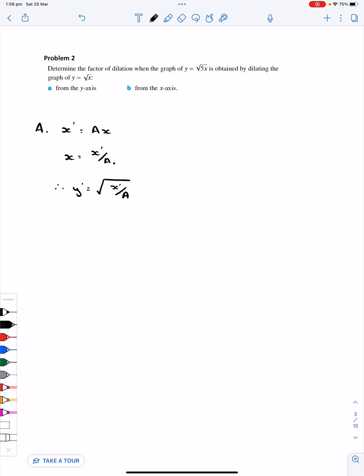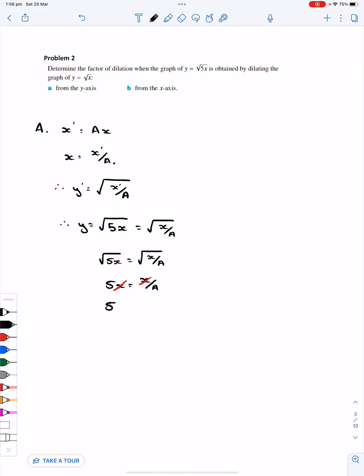Okay, therefore, if y equals the square root of 5x, and this is going to equal the square root of x on A, I can just focus on 5x equaling x on A. We have a cancellation here of the x's.